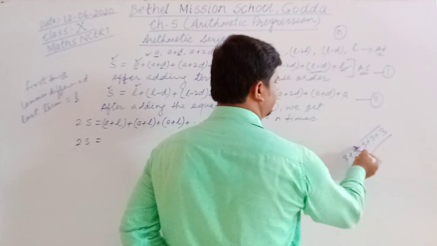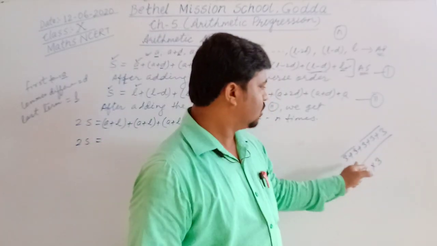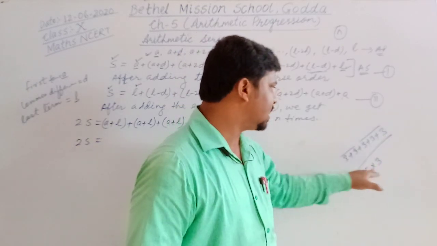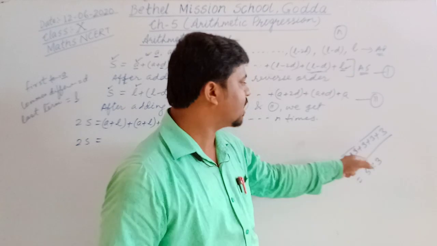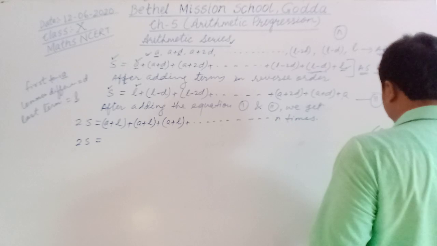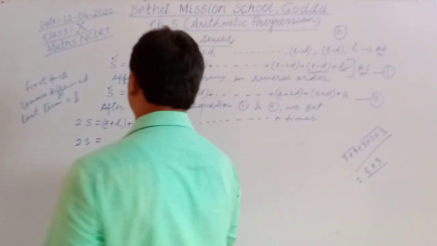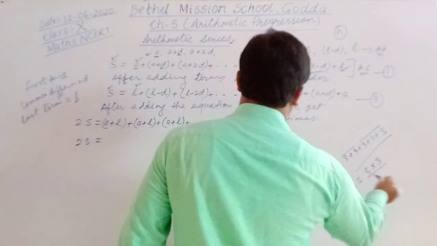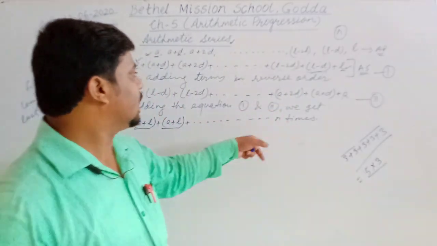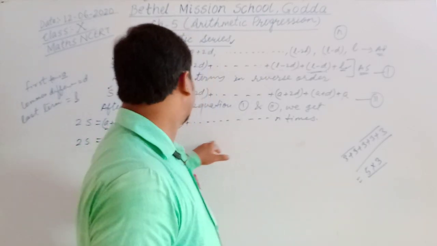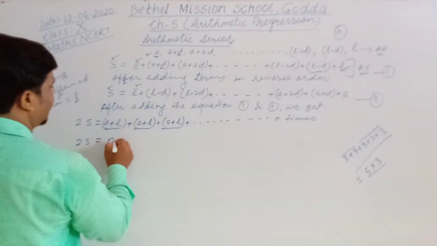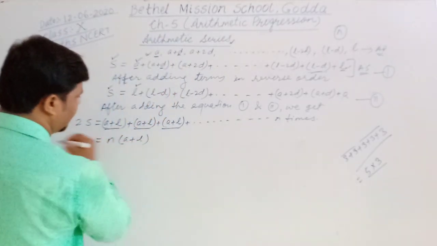How many 3's are there? Five 3's. So the sum can be written as 5 into 3, because 3 appears 5 times, so it is multiplied by 5 to get the sum. Like that, A plus L appears n times, so the sum will be n into A plus L.